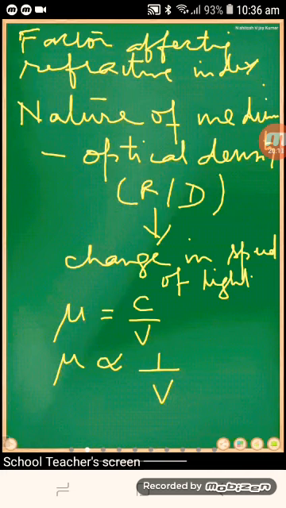Whereas if you allow the light to travel from a denser medium to a rarer medium, the speed of the light is going to increase and the refractive index is going to decrease. So depending upon how the light is traveling, the refractive index of the medium may be less or more.